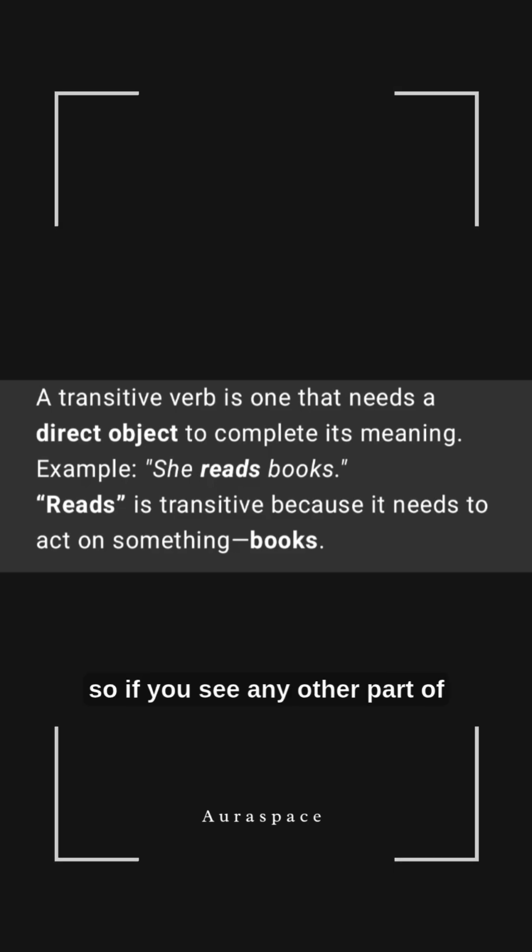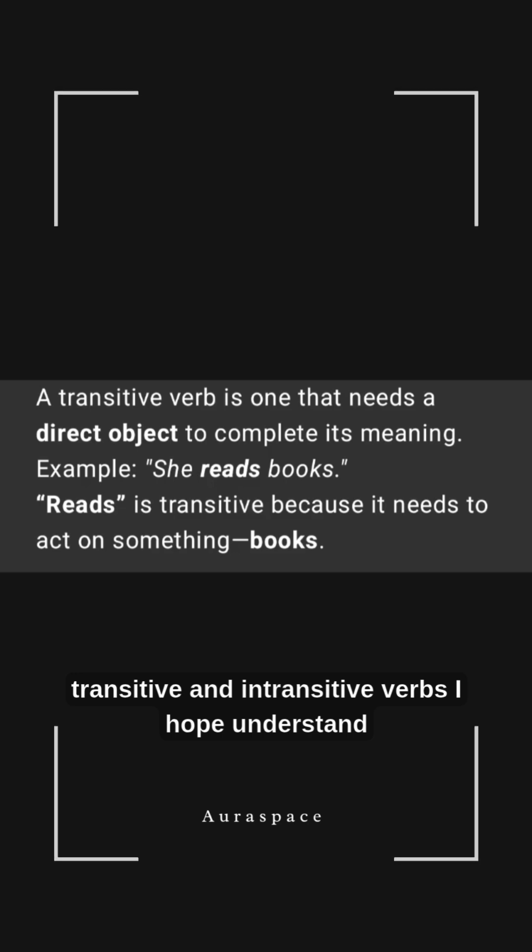So if you see any other part of speech after the verb we are talking about, in our case reads, if that word isn't a noun or a pronoun, then it doesn't qualify to be the object in terms of transitive and intransitive verbs.